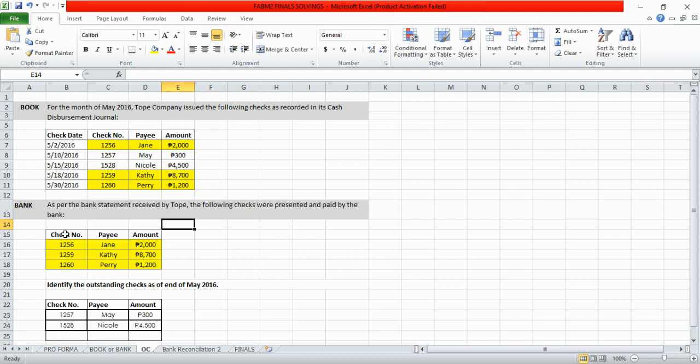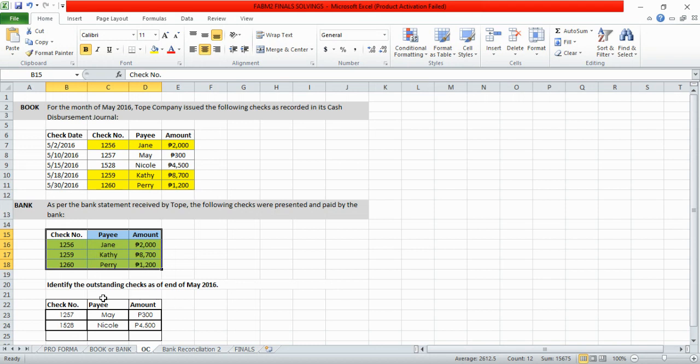As you can see, there is a difference, right? There are some check numbers that are not included in the bank statement. So that's when we have to identify the outstanding checks.